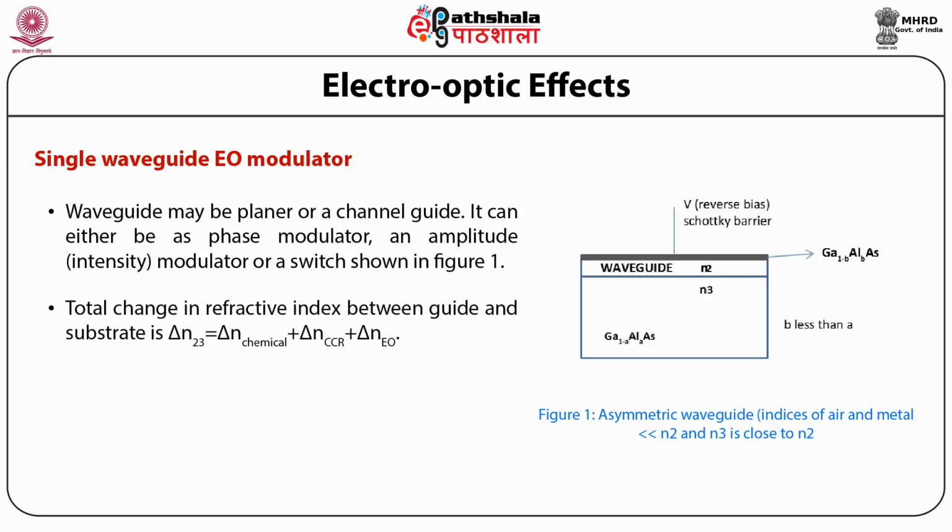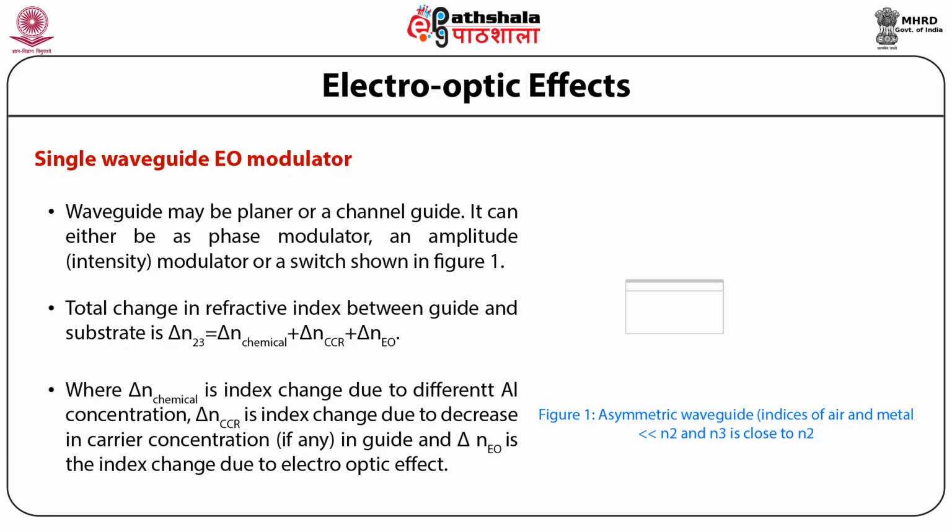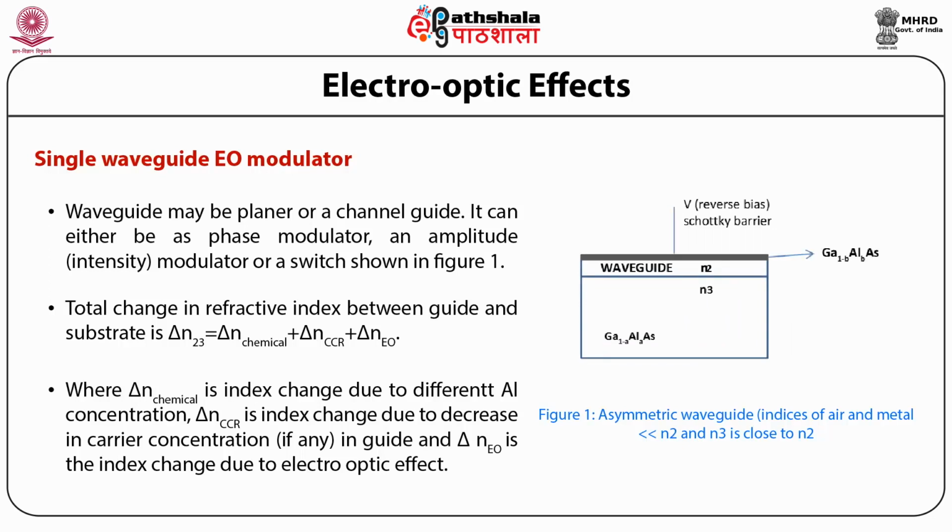So the total change in refractive index between guide and substrate is delta n_3 equal to delta n_chemical plus delta n_CCR plus delta n_EO, where delta n_chemical is the refractive index change due to different aluminium concentration, delta n_CCR is the change in index due to decrease in carrier concentration in the guide, and delta n_EO is the index change due to the electro-optic effect.